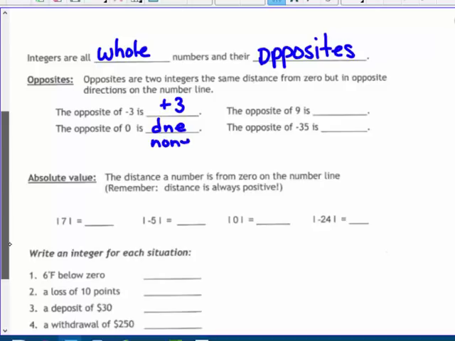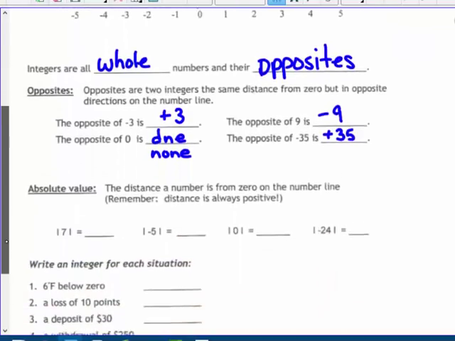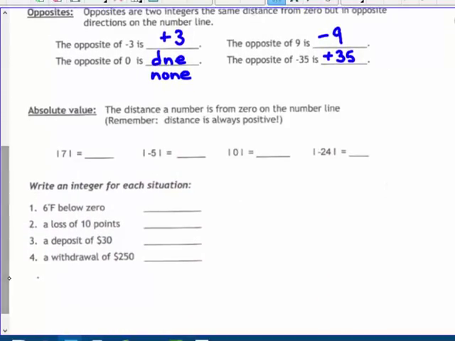There is no opposite of 0. The opposite of 9 is negative 9. And the opposite of negative 35 is positive 35. For positive 35 and positive 3, you don't have to put the positive signs. I'm going to. You don't have to, though. You could just say 3 and 35.